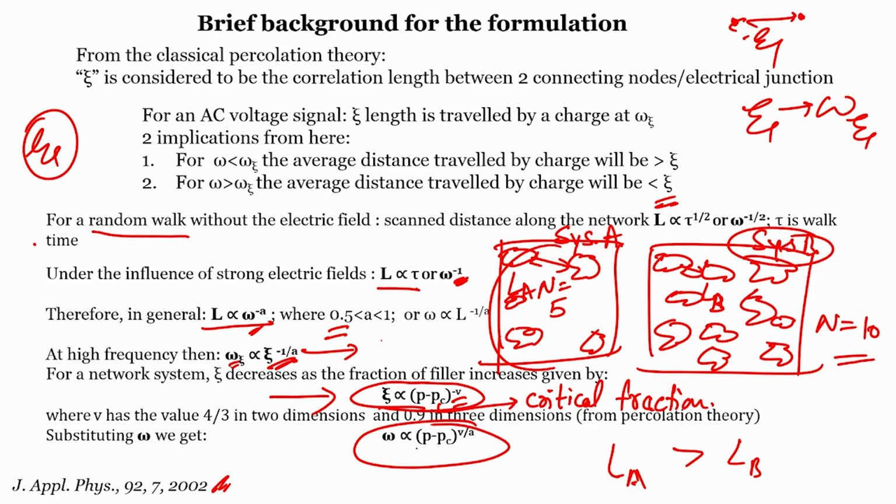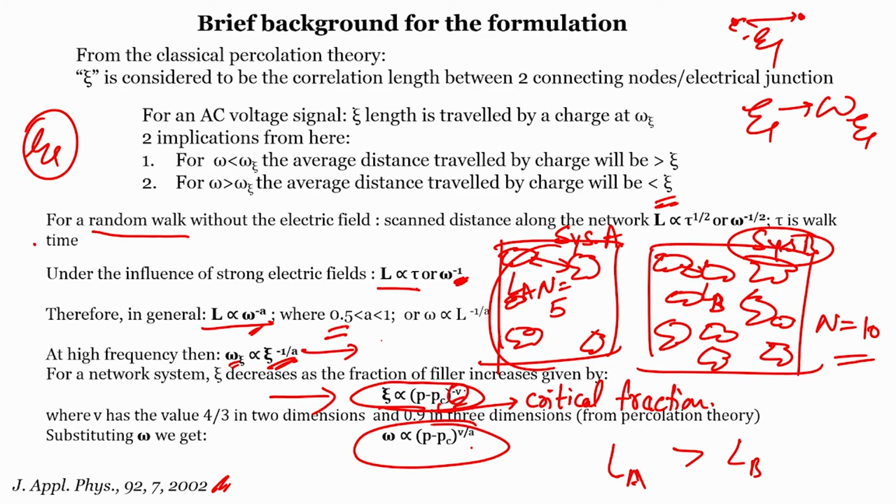What does it tell us? It tells us that as we keep on increasing the filler concentration, the associated frequency at which this transport would happen would keep on increasing. It is a proportional relation. Whereas as far as correlation length is concerned, the relationship is inversed because of this negative sign.